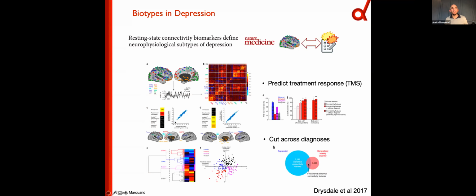And you can see we have very strong correlations between these two domains, at least ostensibly. And these biotypes, which you can see at the bottom here, were then applied to predict treatment response in terms of TMS, and they're also present in a cross-diagnostic setting.